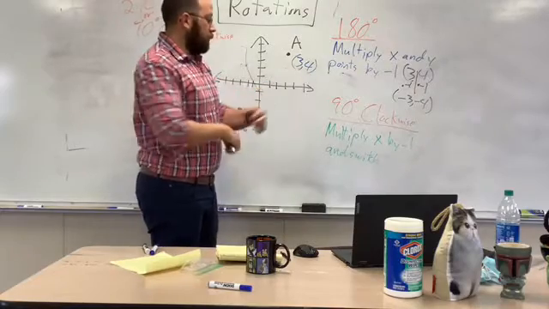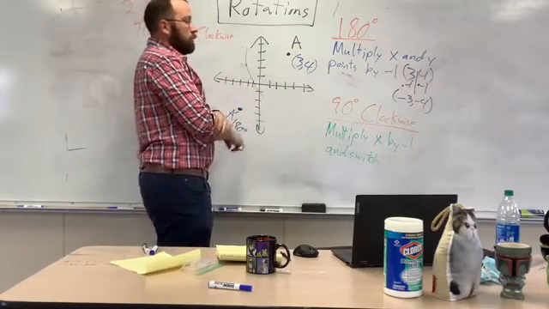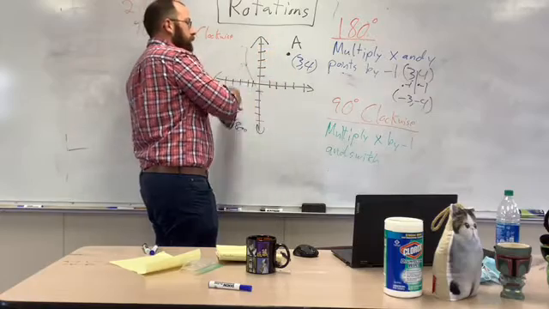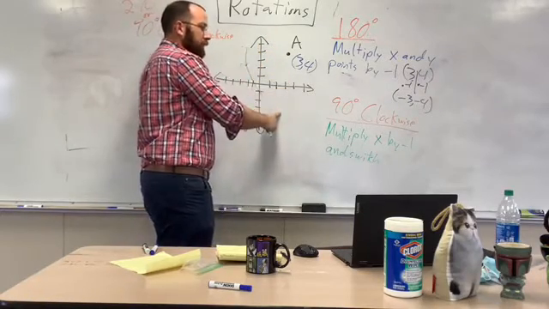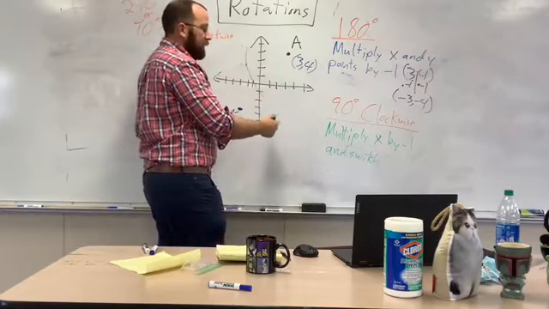All right, so take our point 3, 4 here. We're going to go 90 degrees clockwise. If you're looking at a clock, it goes like this. So if this is 180, half of that should bring this down here. Let's see if it does.